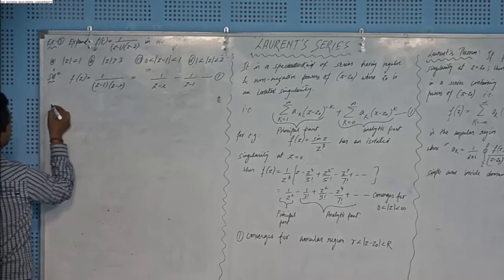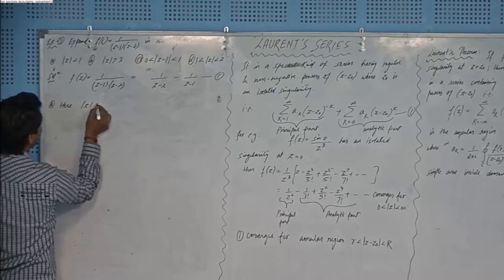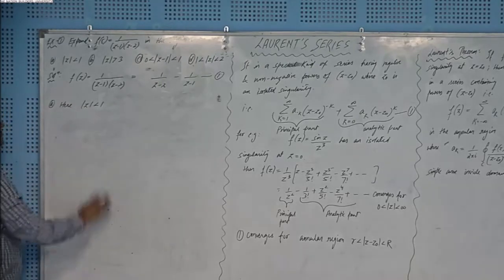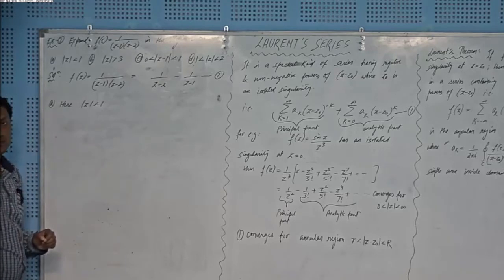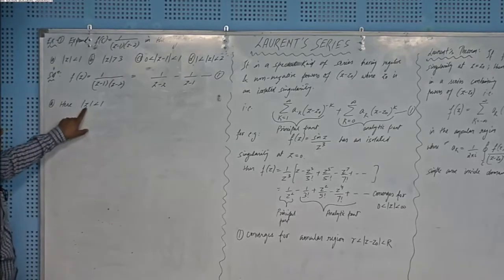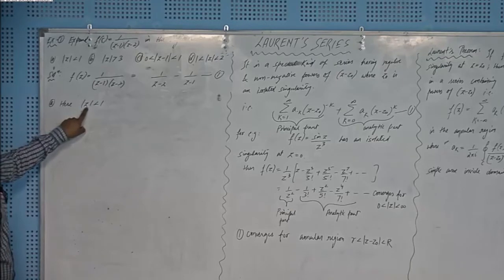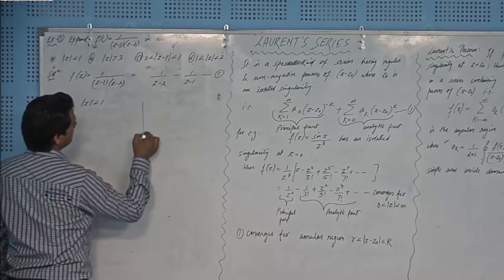Focusing on the first part, mod z less than 1, it means that you need an expansion in powers of z. Why only powers of z? Because you see that this is only z, meaning the series will be centered at origin. I will draw the domain also.